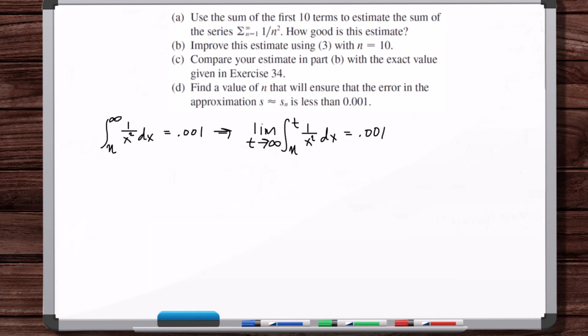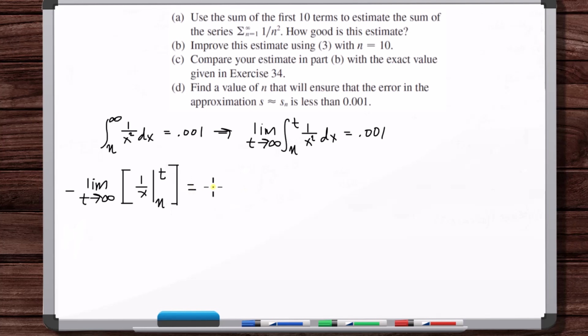We could take out the minus: 1 over x evaluated from n to t.